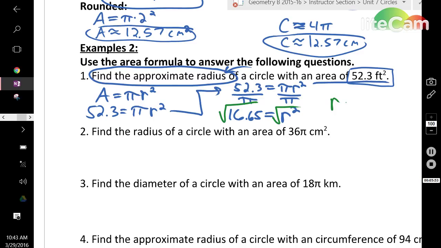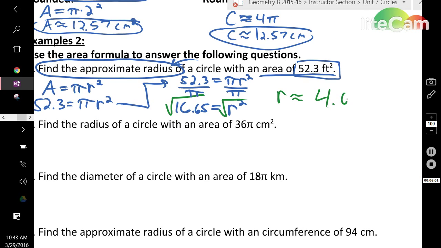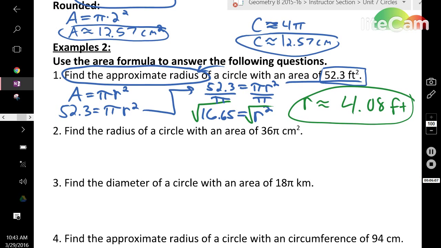And that way r is going to be approximately the square root of 16.65, 4.08 feet. And then we found the approximate radius. So to recap the problem, plug in area in for A, because that's what A stands for, area, and then solve for r using methods we learned in algebra.